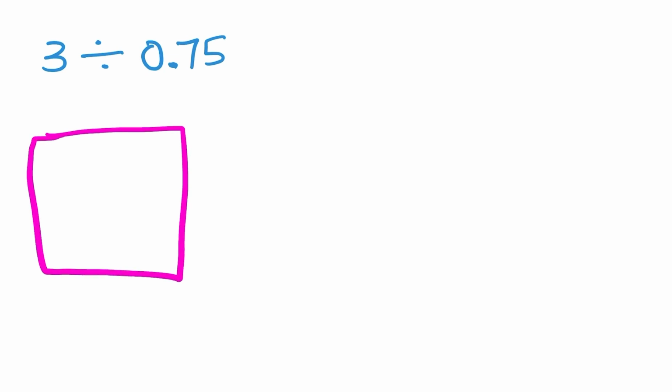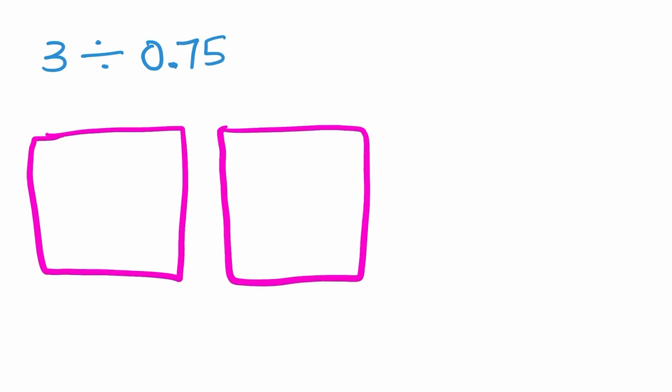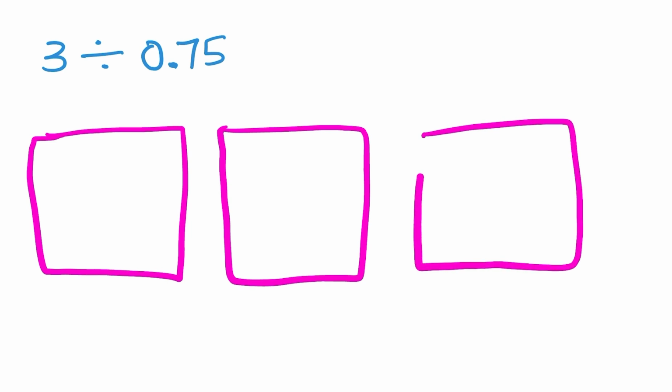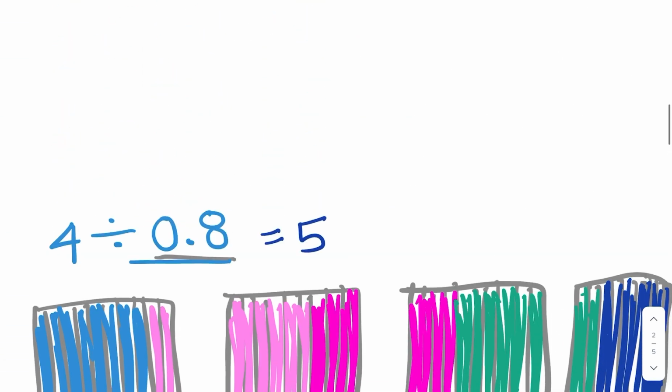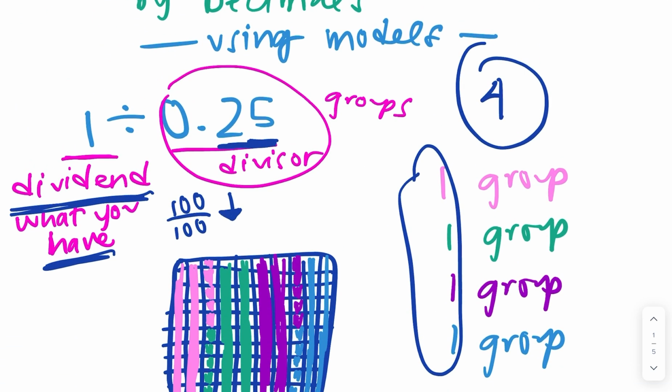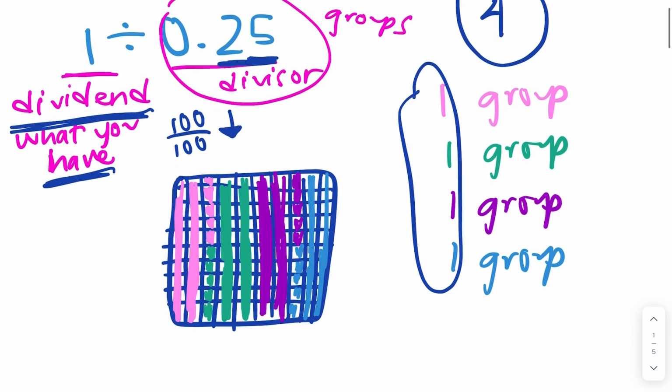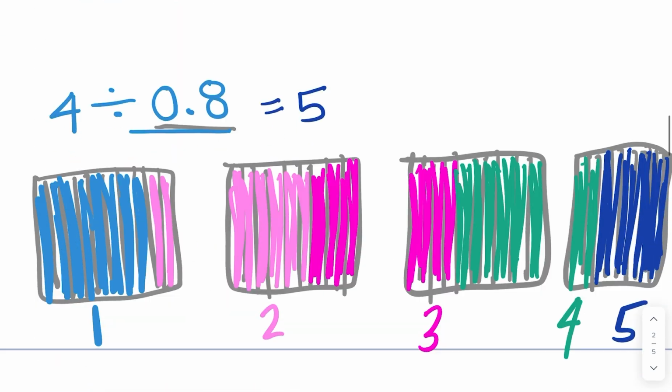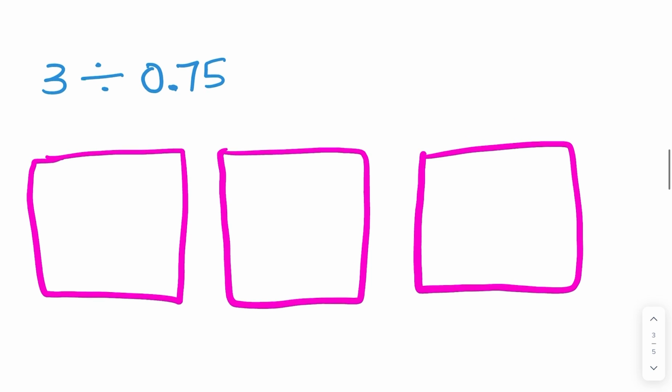Okay, the last problem we're going to try is 3 wholes divided by 75 hundredths. So I'm going to draw my 3 wholes. In the past few problems we've been doing tenths, tenths, tenths. In our first problem we did hundredths. So remember, when we're splitting into hundredths, we need to turn our square into hundredths instead of tenths. We're going to do that down here.